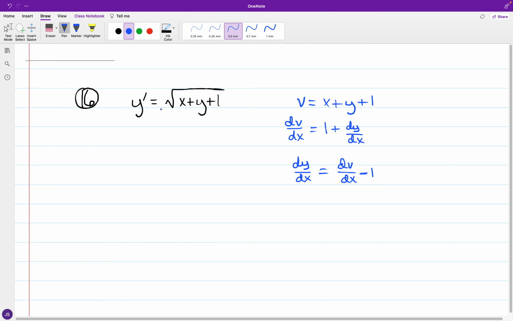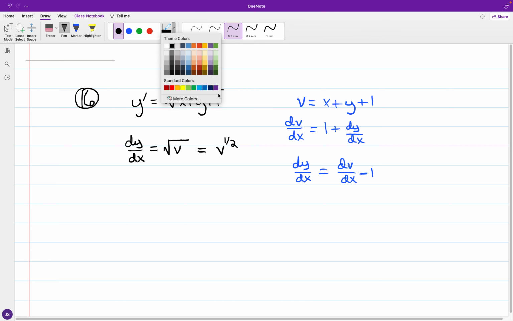And for what we have from the original equation, we have dy over dx is equal to, and if you notice, you had the square root of what we have substituted v for. Okay, and so the square root of v is going to be v raised to the 1/2.